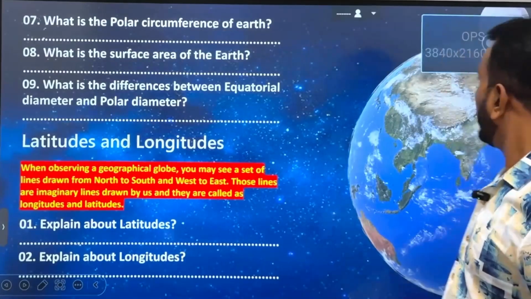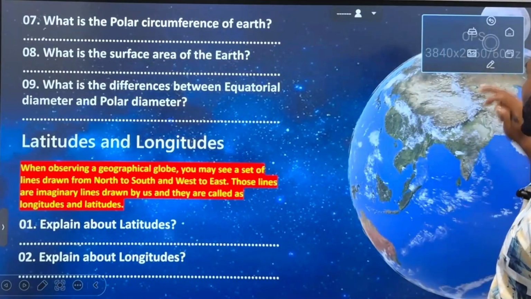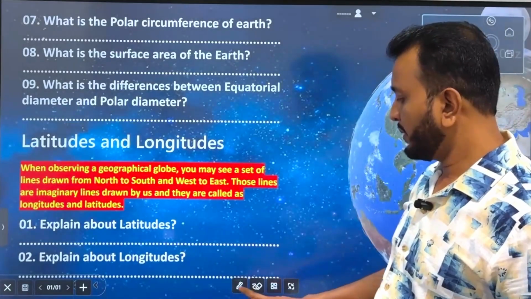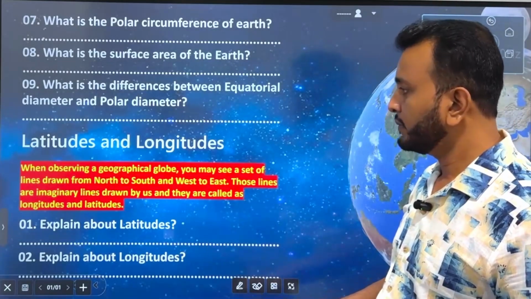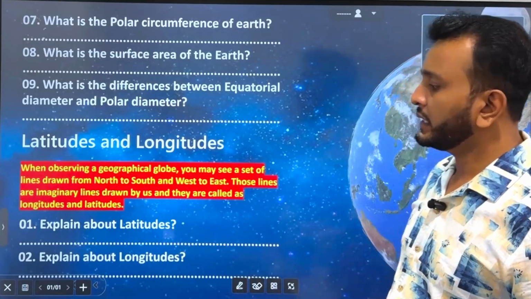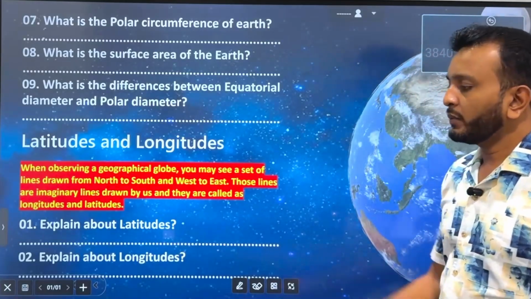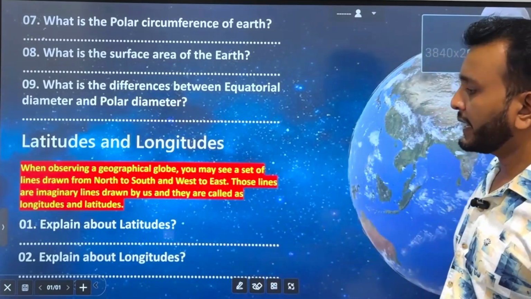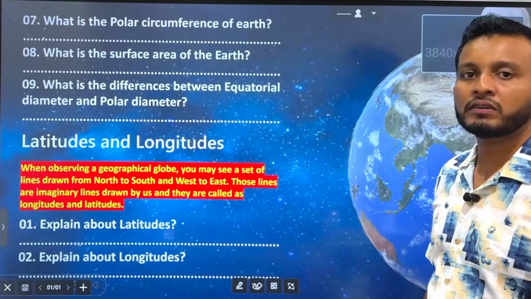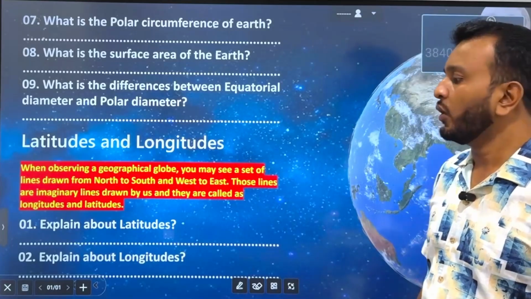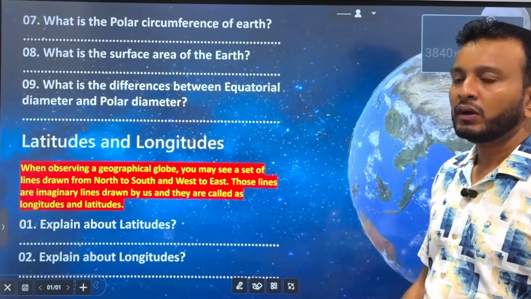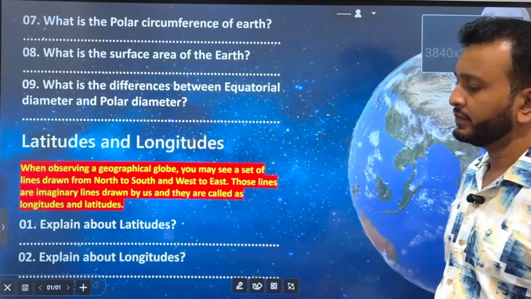Right. Explain about latitude. Now you can explain the latitude. The lines drawn on the globe horizontally, from west to east, around the globe. You can write: the latitudes are the imaginary lines drawn from east to west on the globe, or the imaginary lines drawn horizontally on the globe.